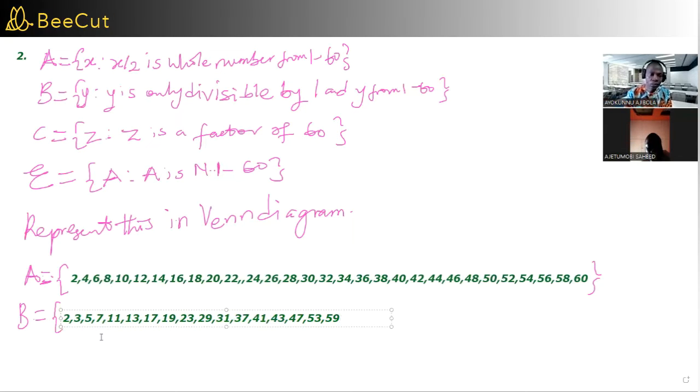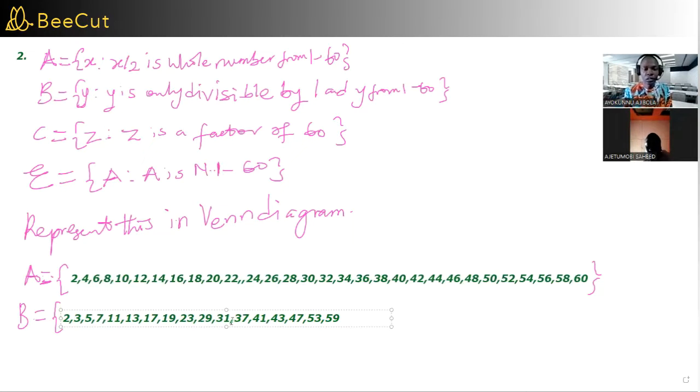Prime numbers are numbers that can only be divided by themselves and 1. So 2, 3, 5, 7, 11, 17, 19, 23, 29, because 21 is not, 24 is not, 25 is not, 26 is not, 27 is not a prime number, 28 is not, because 9 can divide 27 as well.